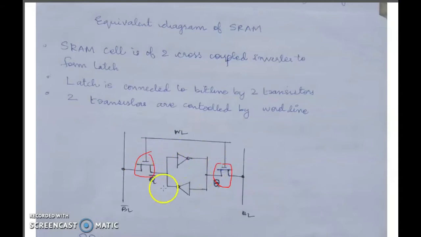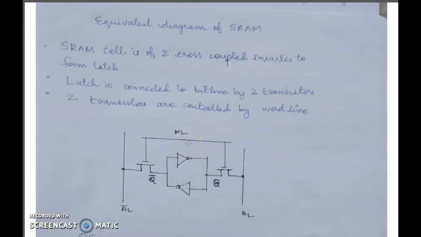To access the stored data bit using this bit line, or to modify the stored data, we need to connect this bit line to this latch. So for connecting the bit line to the latch, we use these access transistors. These access transistors are controlled by the word line.